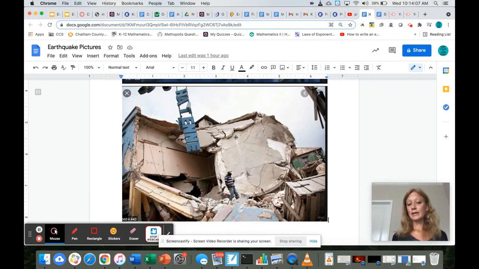Any building that's man-made that's not with strong structural support or is built on soil that might be more sandy and not as dense, like clay, for example, those buildings can vibrate back and forth and sway back and forth with the vibrations of the ground, and they can topple over and be destroyed as well.